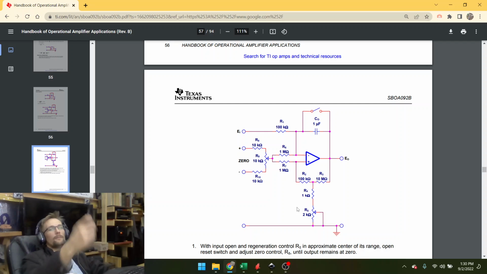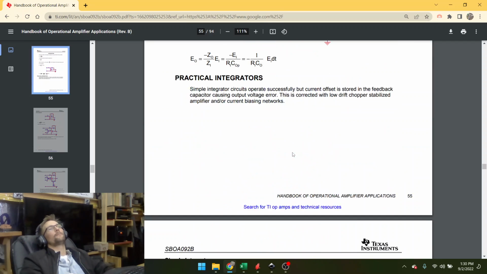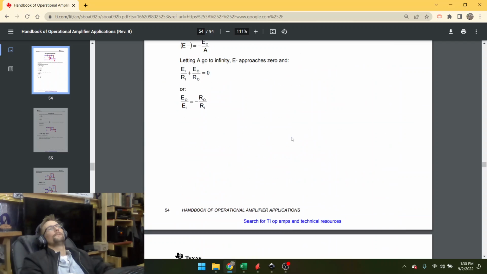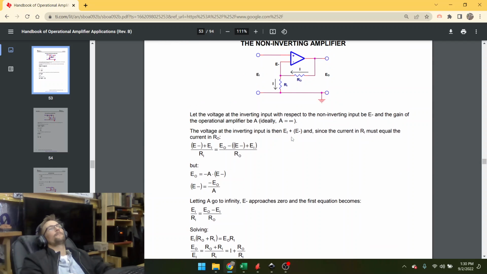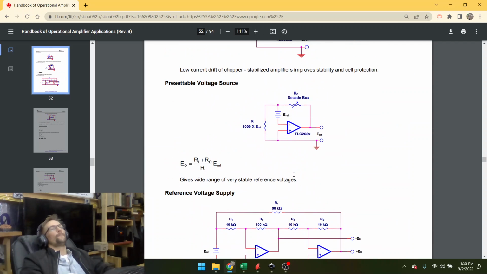They're just buffers, right? So no gain, just an analog buffer. And that way it buffers it to get from the photodetector to the analog to digital converter.